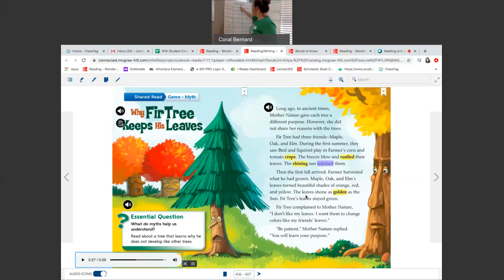Let me go ahead and find crops on my anchor chart right here. For my quick sketch, I'm going to try to draw some corn stalks. Oh, that marker doesn't work. There we go. And you know, they're just quick sketches. Doesn't have to be perfect. There's my corn crops.